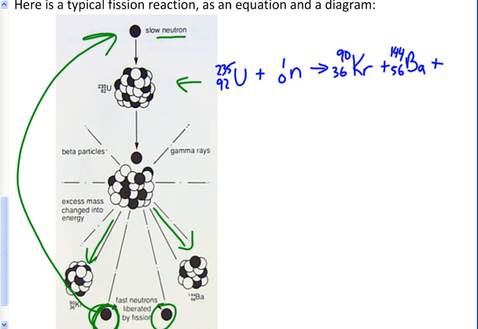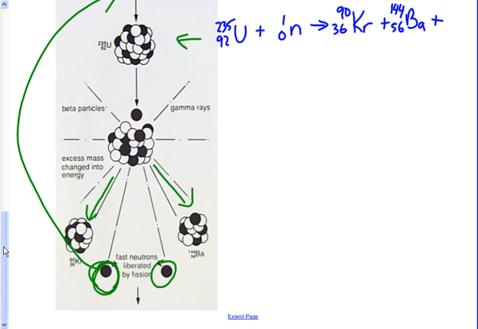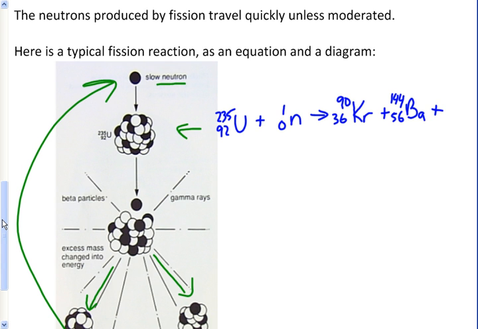And then in this particular reaction, because we get these other 2 neutrons happening, I think it's 144. Okay, so then we also get 2 neutrons.